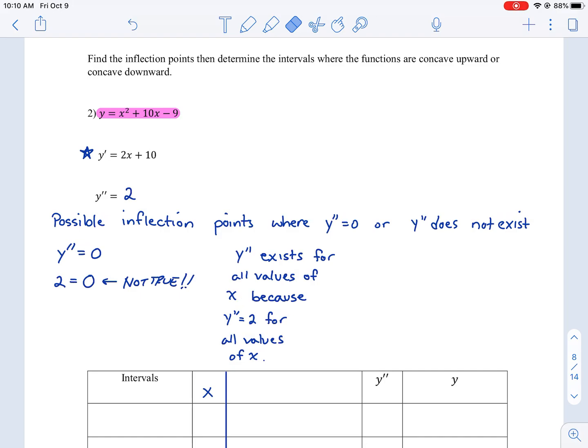Okay, so we have the second derivative never equaling 0 and the second derivative existing for all values of x. What does that mean? Well, that means that there are no inflection points.